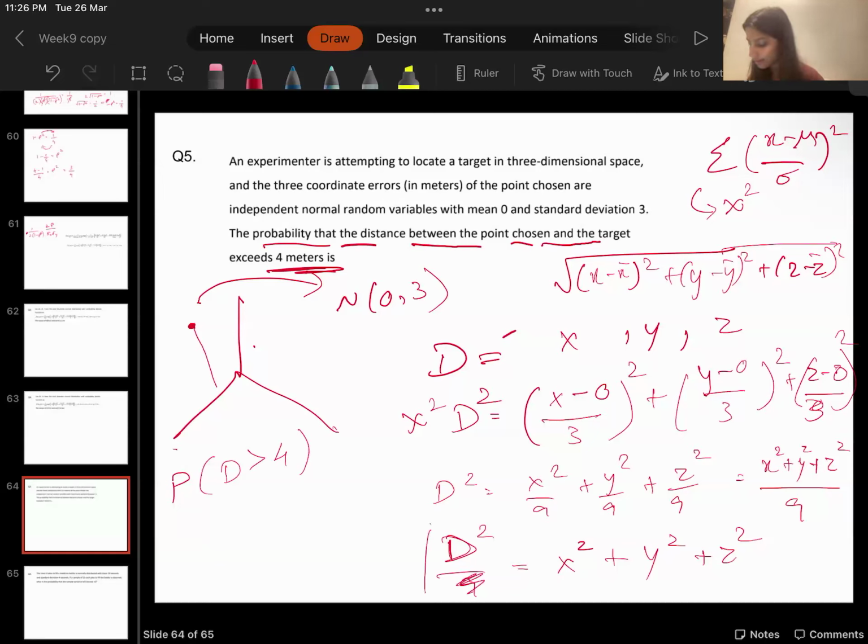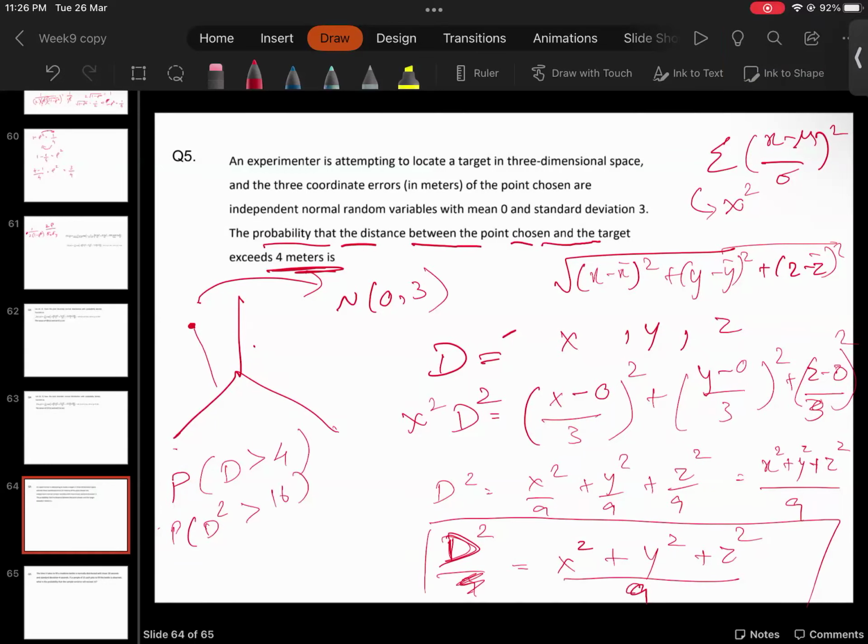We have computed d square as x square plus y square plus z square divided by 9. So the probability of d square greater than 4 square, which is 16.